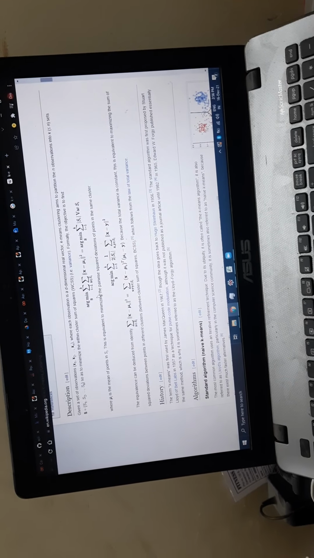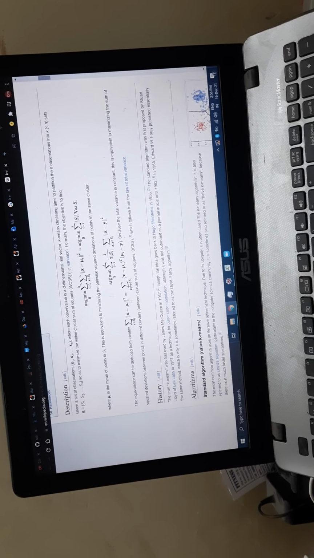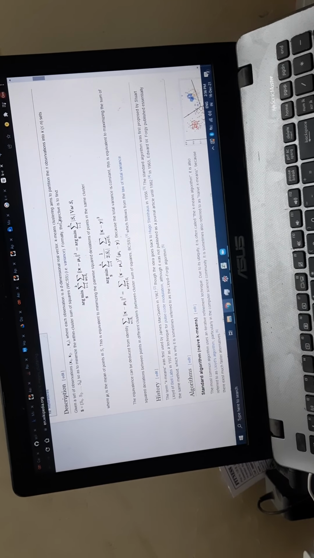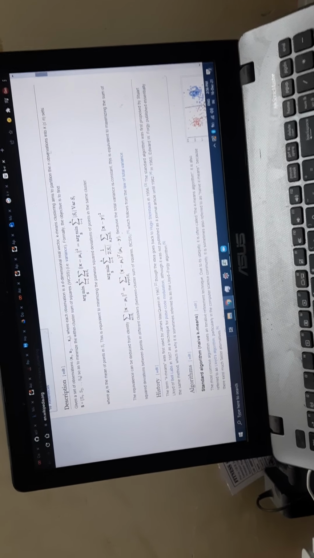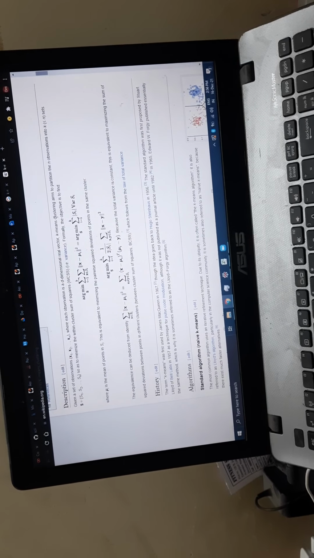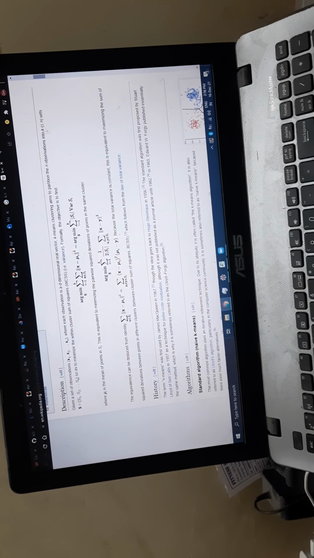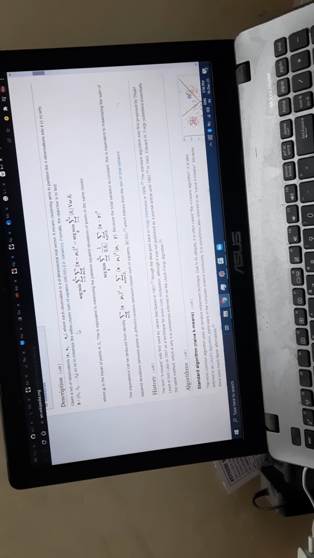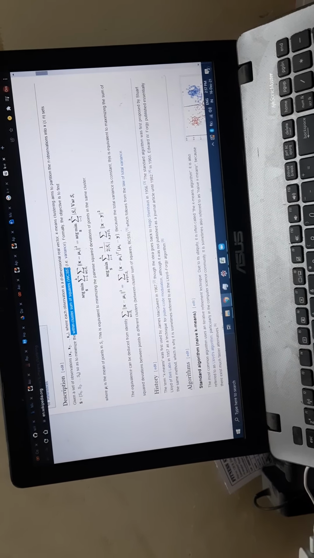Given a set of observations where each observation is a d-dimensional real vector, k-means aims to partition the n observations into k sets so as to minimize the within cluster sum of squares.